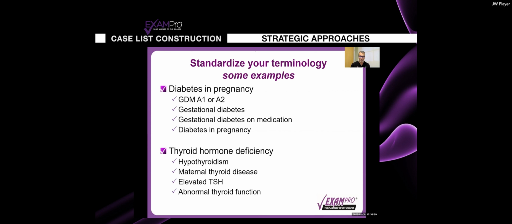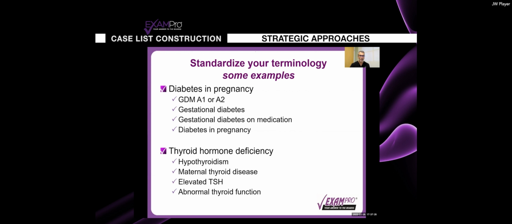I prefer GDMA1 or A2 because that's an approved abbreviation, GDM, and everybody's familiar with A1 versus A2, diet controlled or requiring medication. But one thing about the case list is that you don't have to use GDMA1 or A2. You can talk about gestational diabetes, but if you do, be consistent. That's where I'm going here.